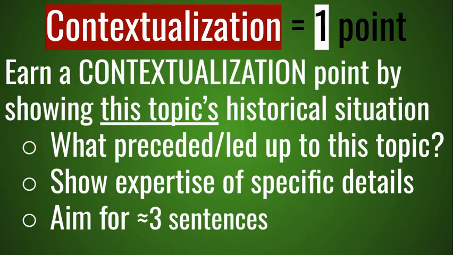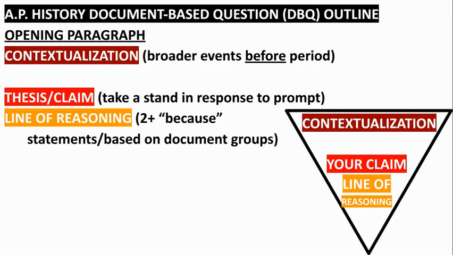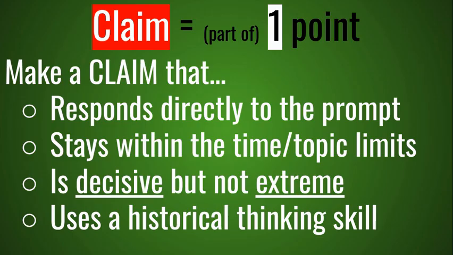So that's my recommendation. Once you're done with your context, you're starting with that broad context and, like the inverted pyramid, narrowing down to your claim and line of reasoning. So take a stand, a claim. Repeat most of the language of the prompt, and then make sure that you're hitting all those specifics, the time and topic limits. Be decisive and use a historical thinking skill.